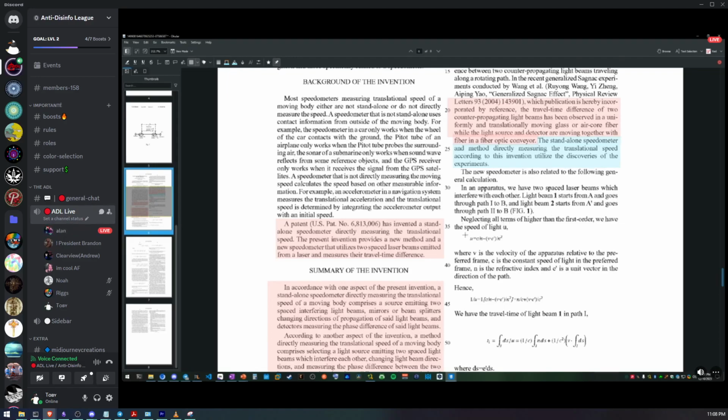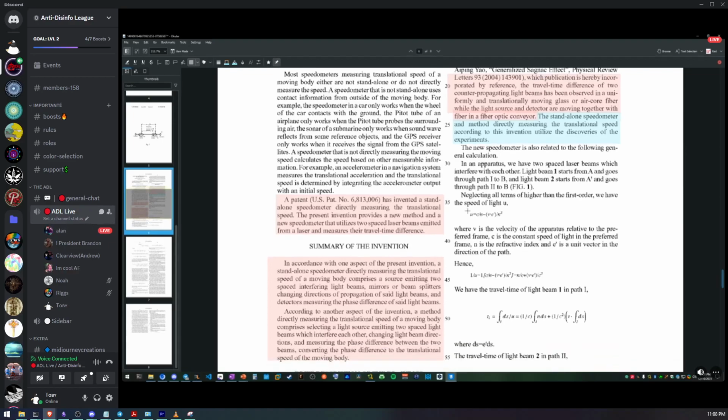That sentence entirely got me confused. Which one? Neglecting all terms higher than the first order. I guess neglecting any other corrections that need to be made, like refraction index.